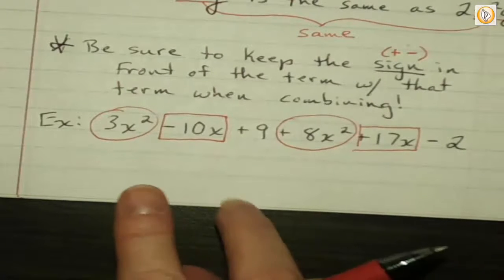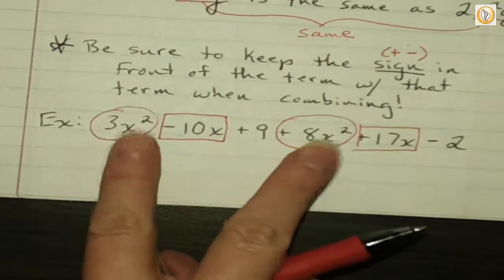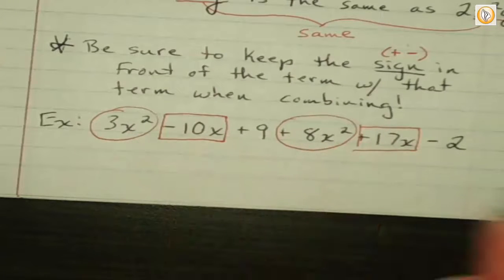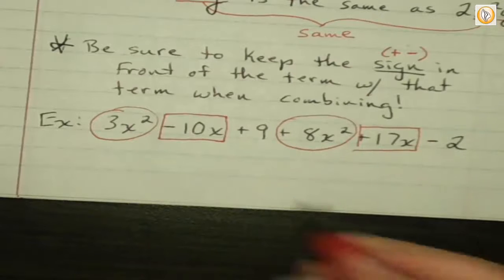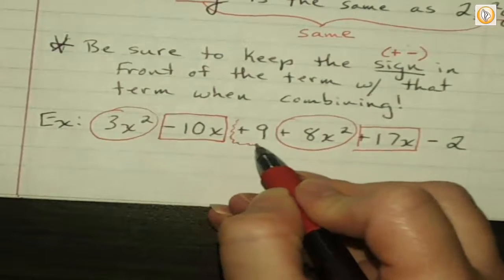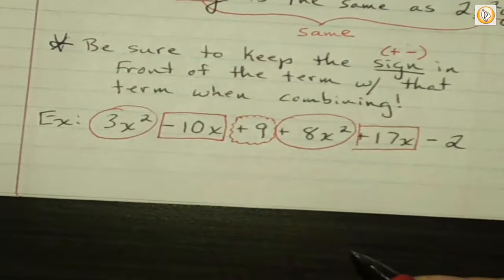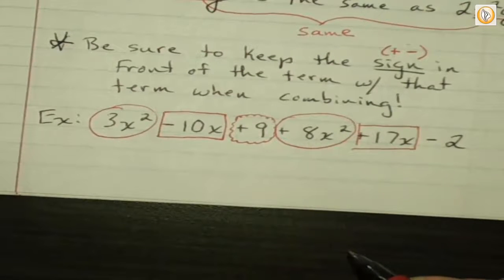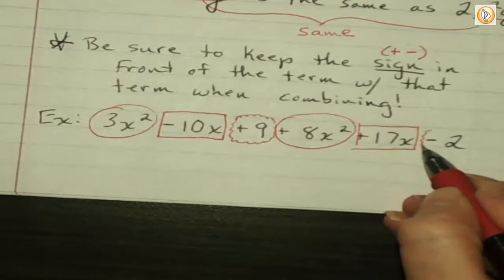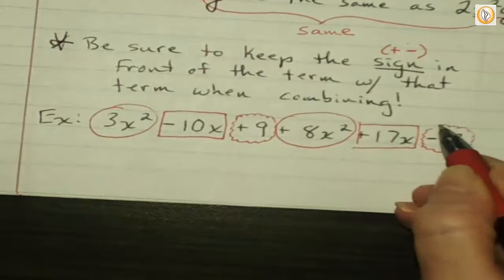So now if you see so far, your eyes are drawn to just the things that are like terms. See how I'm changing that up? So Emily, I'm putting a little flower around positive 9. Can I combine it with anything? Negative 2. There you go. And I'm putting a flower around negative 2.